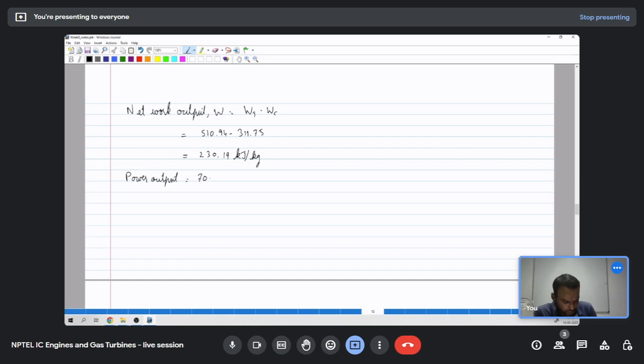Power output is equal to 70 megawatt. So that is 70 into 10 power 6 joules per second. Now for the mass flow rate of air, it is network output divided by power output.